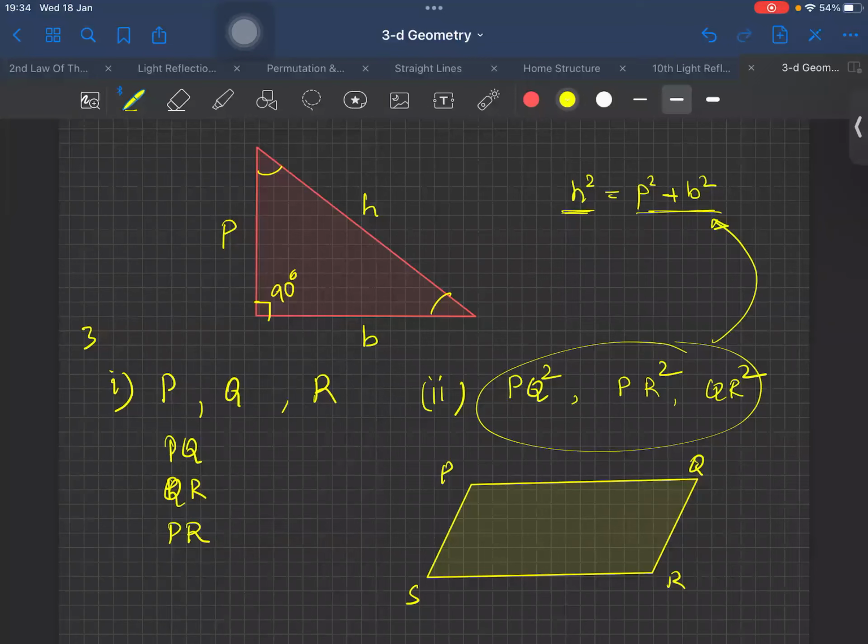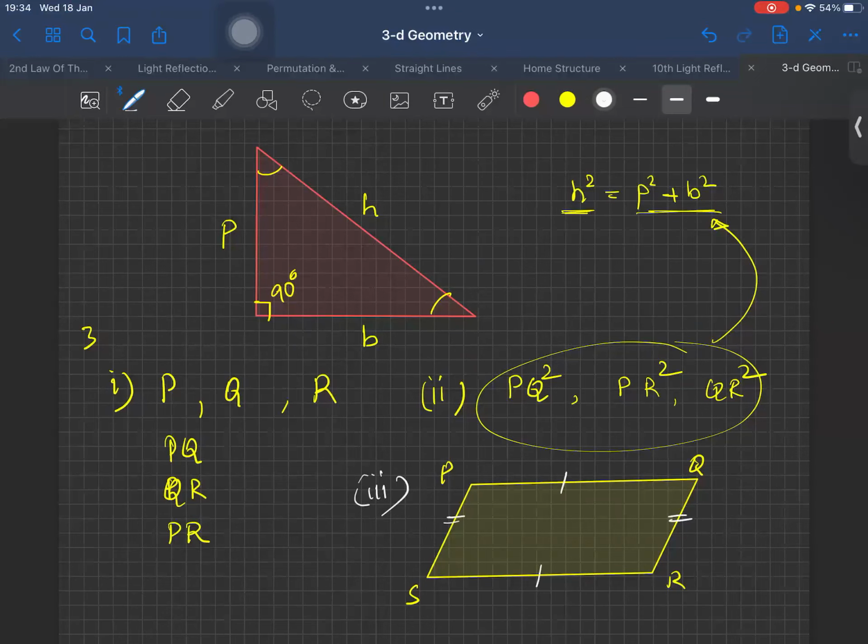The distance between PS and QR are equal, and PQ and SR are equal. That means you will find all four distances, right? So this should be equal to this and this should be equal to this. Then it is a parallelogram, isn't it? So this is the third one that you have to verify, all using the distance formula.